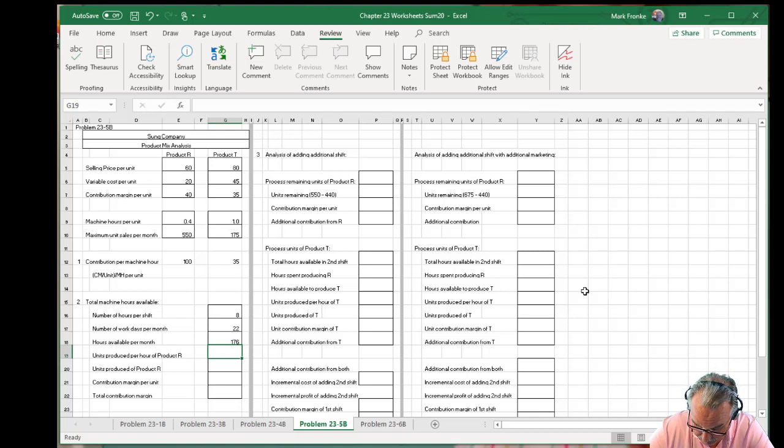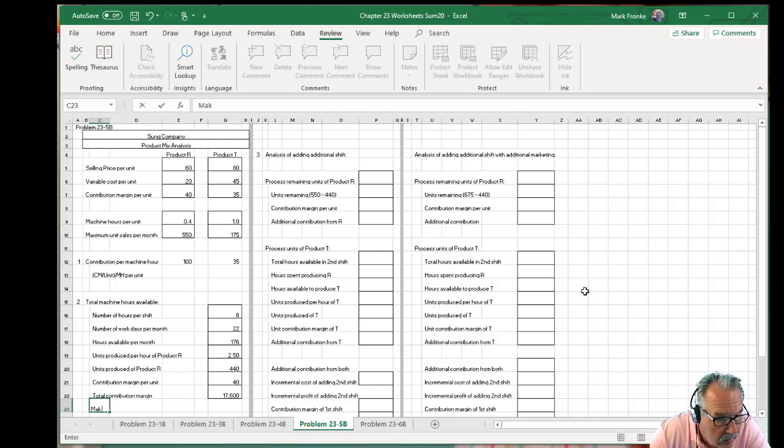So if we produce 2.5 units per hour, we can produce 440 units of product R. But that's still less than the maximum number. We're going to get contribution of $40, so our total contribution is $17,600.